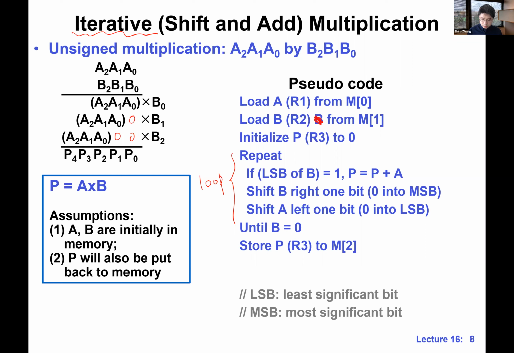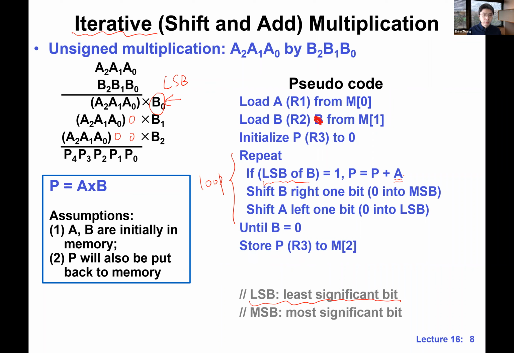So first, when we enter the loop, we check the LSB of B. LSB means the least significant bit. When we enter the loop, we first check B0. This is the LSB. If B0 is 1, we add A to P. A is basically the partial product.